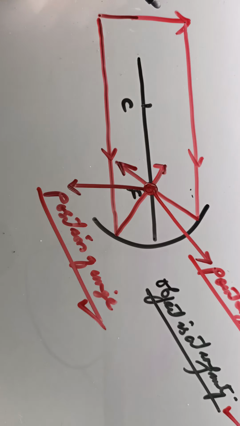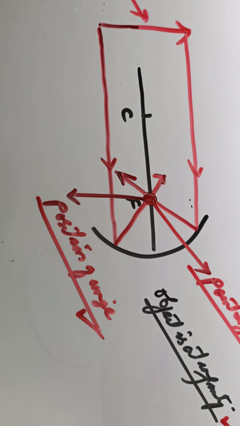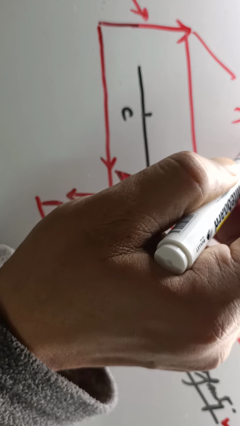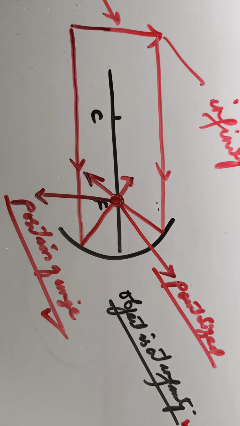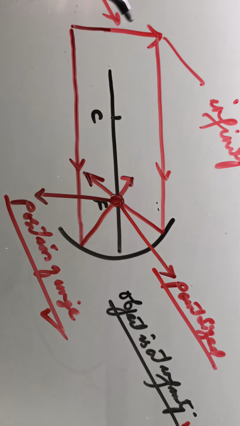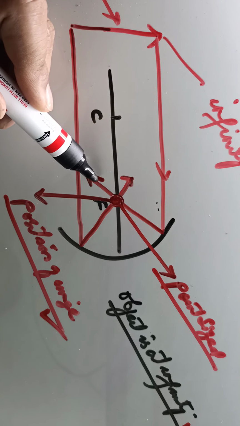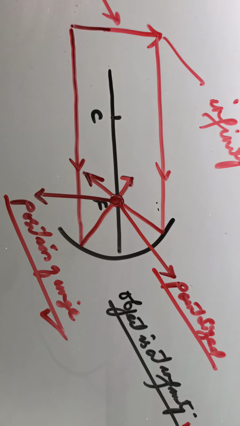So if an object is at infinity, it means the object is very far away from you. Following the rules, a ray of light travels parallel to the principal axis and after reflection passes through the focus. Also, since it is at infinity, we are not taking care of the other two laws.